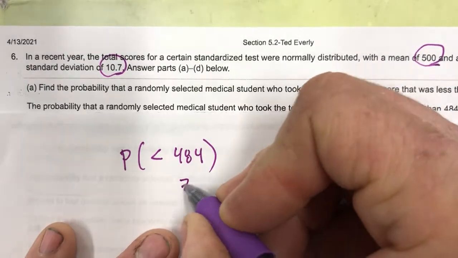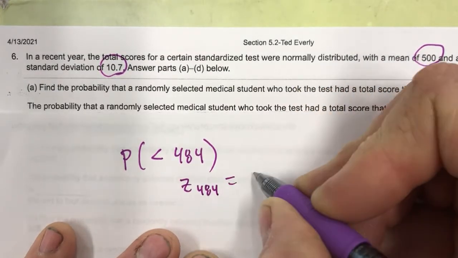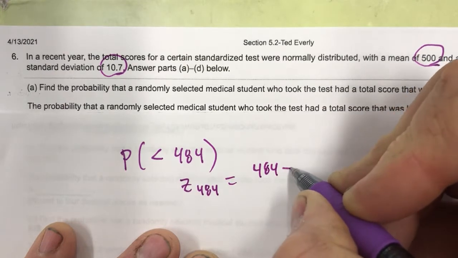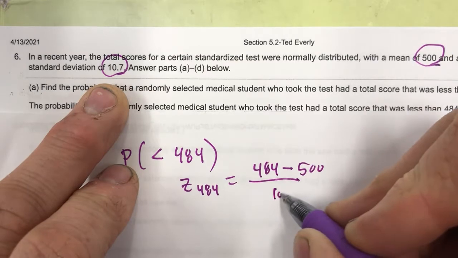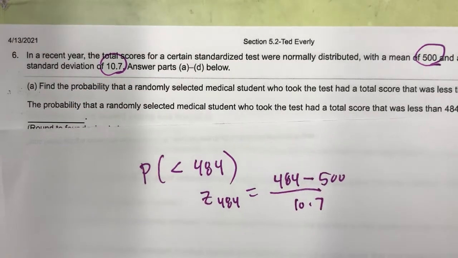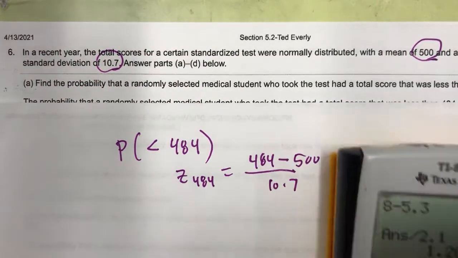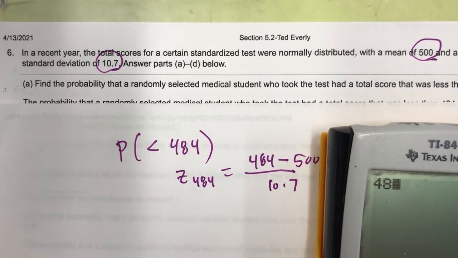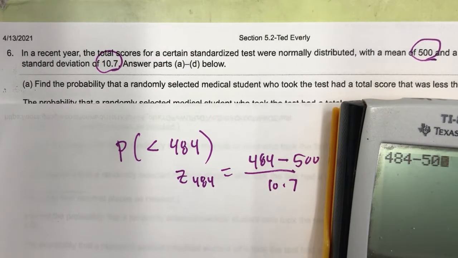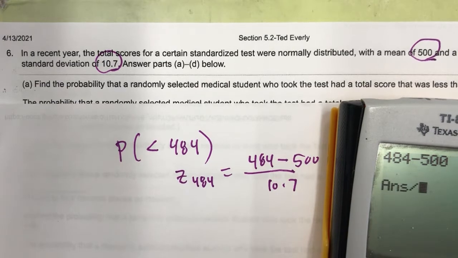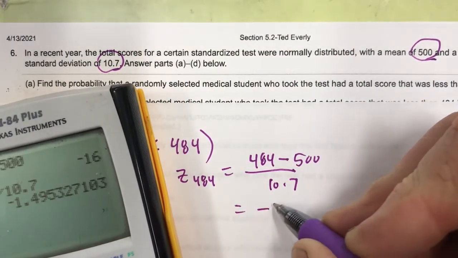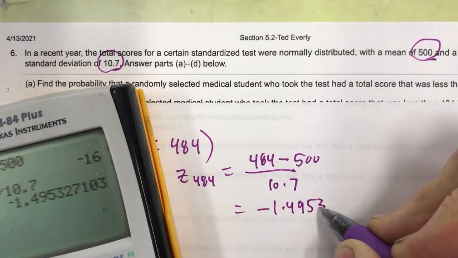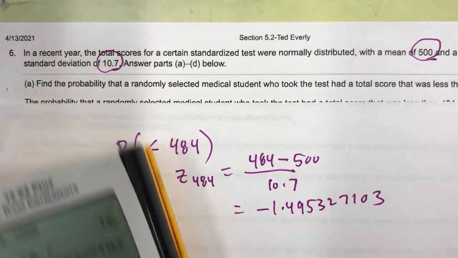Okay, well, let's find my z-score of 484. So I'm going to do 484 minus mean, which is 500, divided by the standard deviation, which is 10.7. Okay, so 484 minus 500 equals, divided by 10.7, and that's going to be negative 1.495327103.